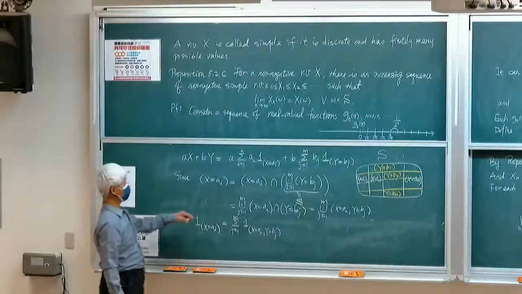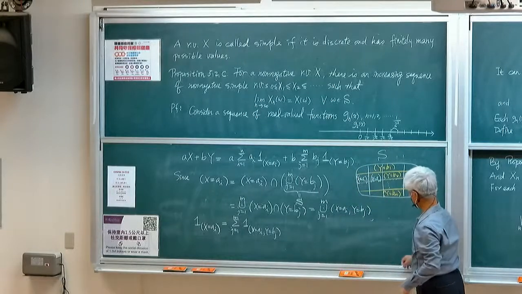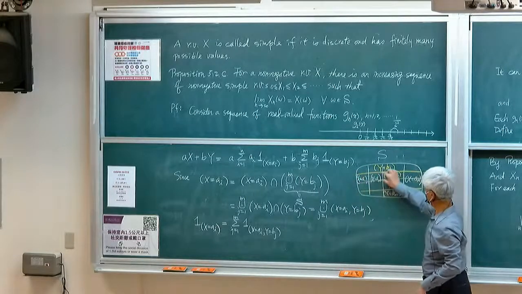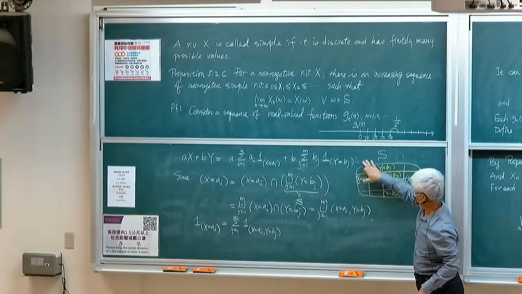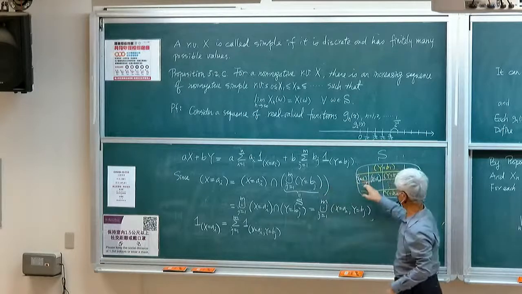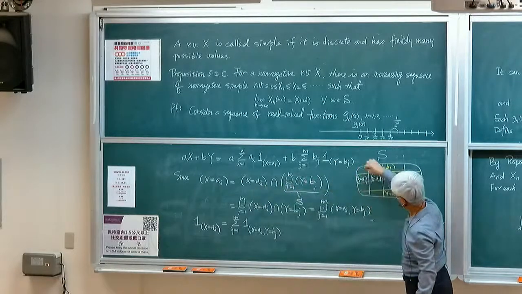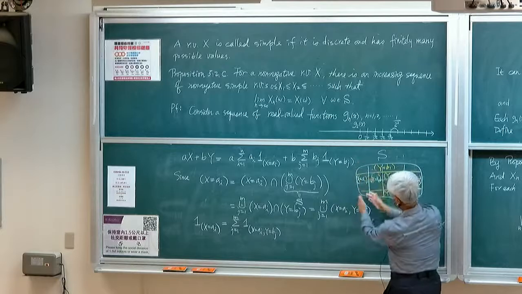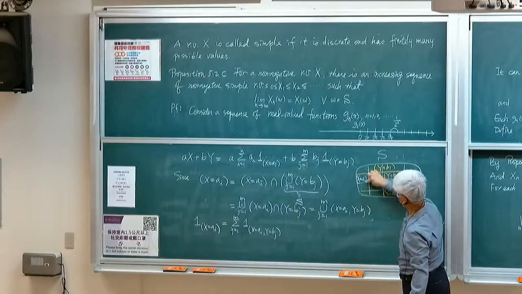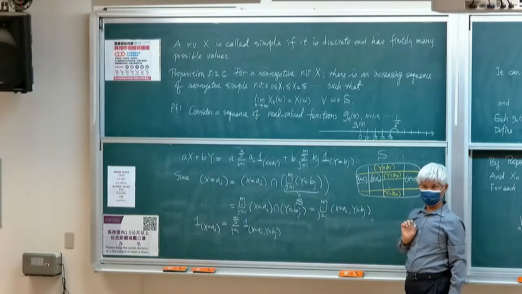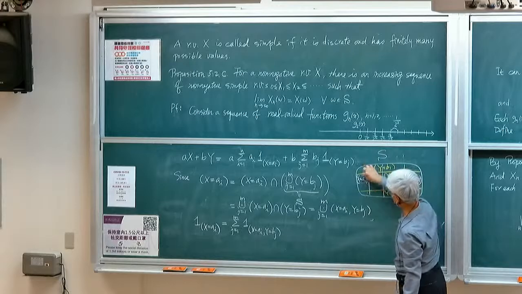Okay. So you can think about that in each vertical strip, because each vertical strip corresponds to one atomic event generated by x. Okay, and we can divide this vertical strip by horizontal strips, right? So into m parts.